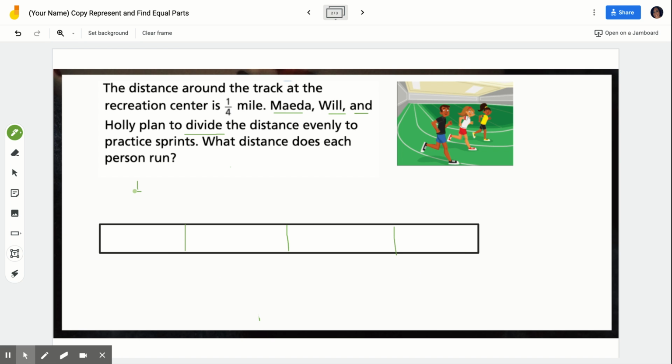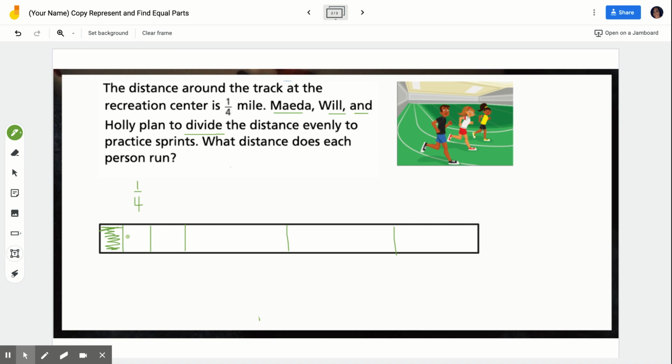This part represents 1/4 mile. So if Maida, Will, and Holly plan to divide the distance, then that means this 1/4 mile is going to be 3 parts. So I'm going to color that piece in.